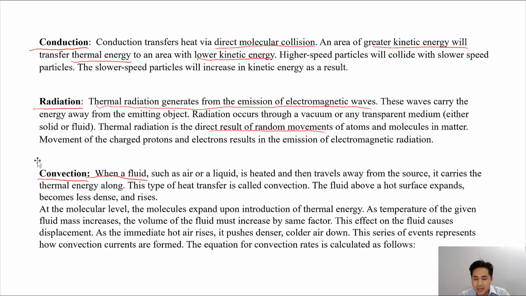So as it expands, the volume is increasing, and the formula of density is mass over volume. So as the volume increases, the density decreases.